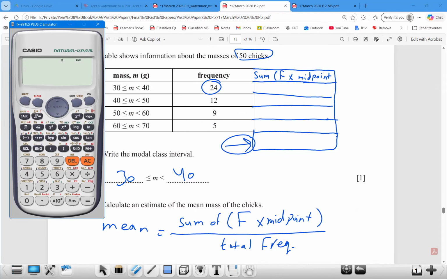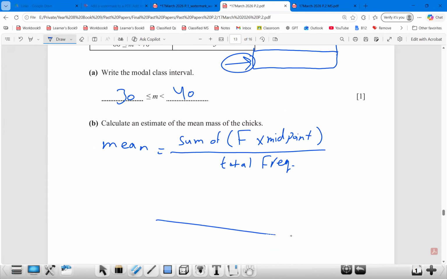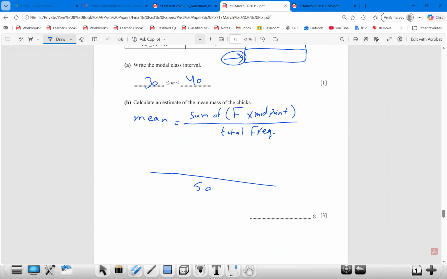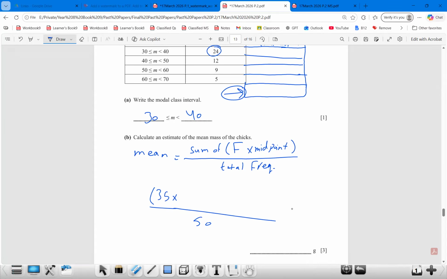What am I going to do? I'm going to just write everything at once. I know that the denominator, total frequency, is just 50. So you must write down there 50. And then up there, you write the following on your calculator. Please write the steps, just in case you make a mistake in the calculator, they're going to give you at least the 2 marks.